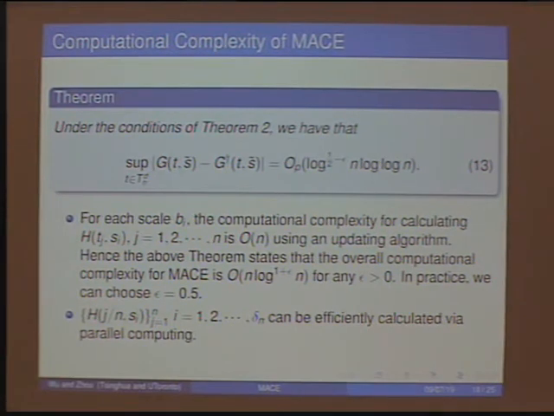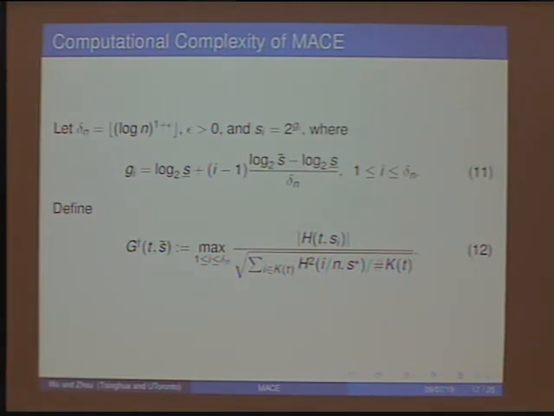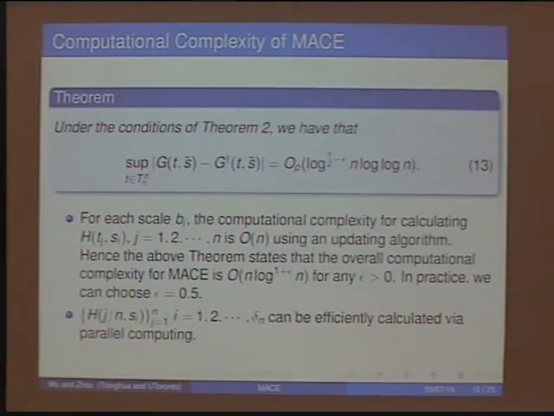But computationally, this is much, much better because you only calculate log n to the power 1 plus epsilon scales. And at each scale, the computation cost to calculate the MAZE statistic is O(n), where n is your time series length. Therefore, in combination, the computation complexity of the MAZE statistic is just O(n times log n to the power 1 plus epsilon). Okay, so it's quite fast, at least theoretically.